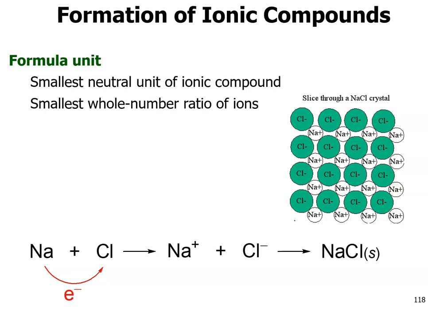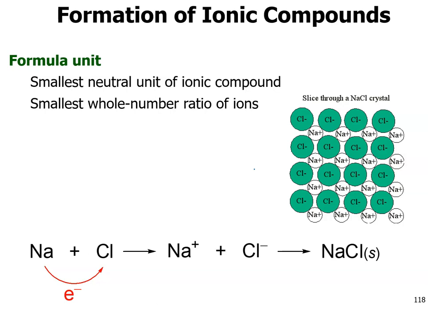So the least number of elements that we can combine to make a neutral compound, that's what I'm talking about with the whole number ratio to neutralize it. Because this is just a +1 and a -1, a 1-to-1 ratio cancels out that charge to give us a 0 charge.